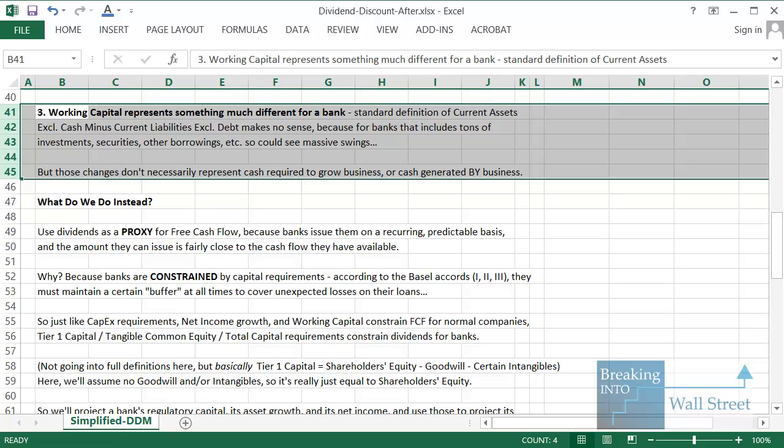But for a bank, you have tons of other things in here like investments, securities, other types of borrowings, and you could see massive changes in this number, but that doesn't necessarily mean that a bank is required to do that to grow. That could just mean how they're choosing to allocate their capital to different types of investment strategies, different types of lending, and so on and so forth. So that's why a dividend discount model is important.